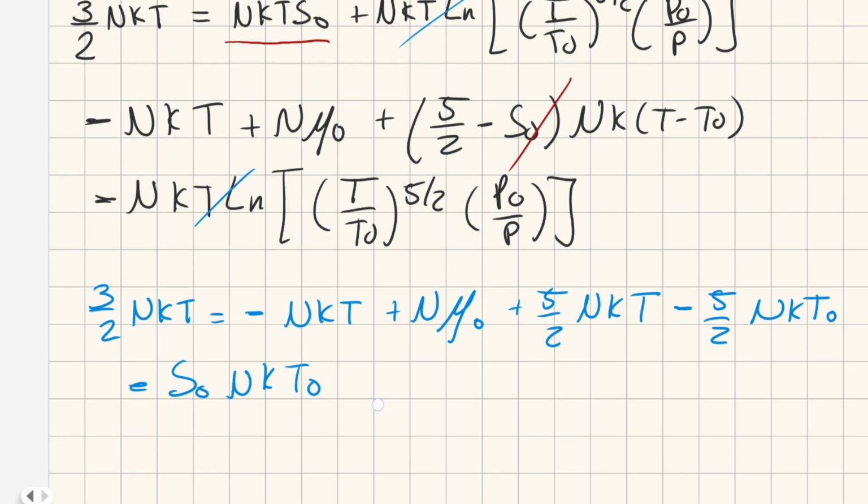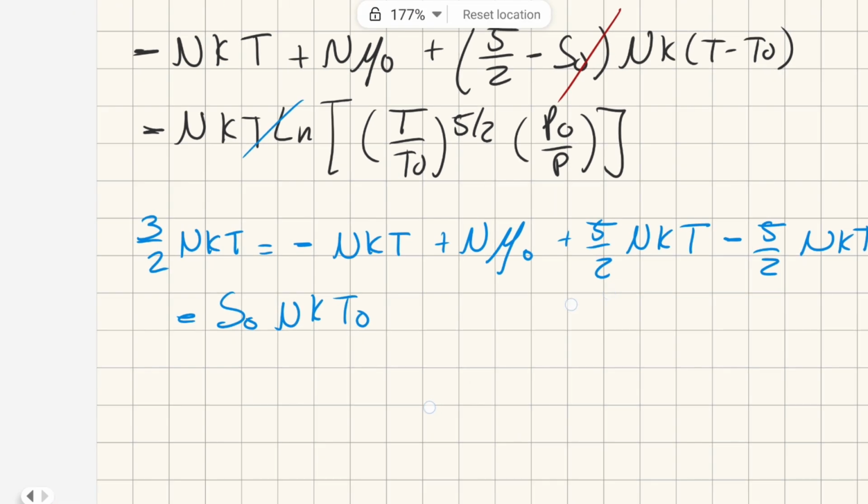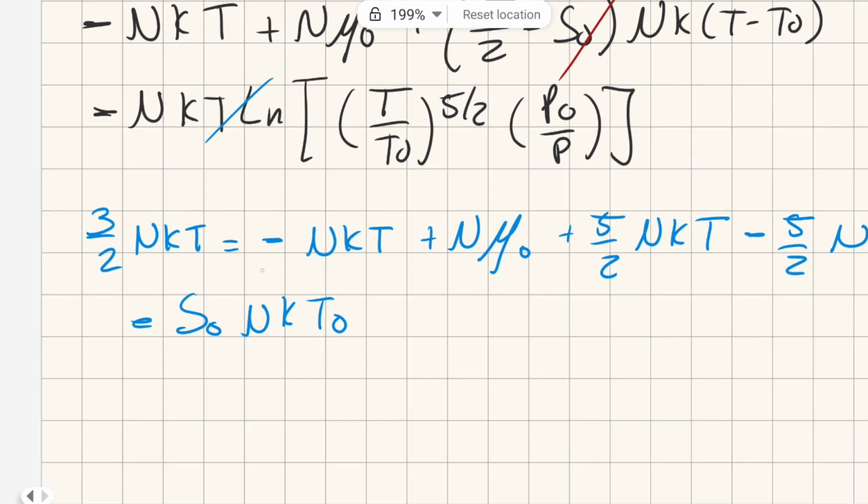I should mention that this S0 is the entropy at the initial state T0, P0. Okay, so we see here that if we sum this element with this, we are actually going to get (3/2)nkT. So that means that these elements cancel.